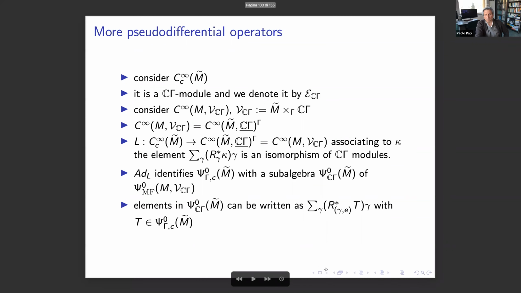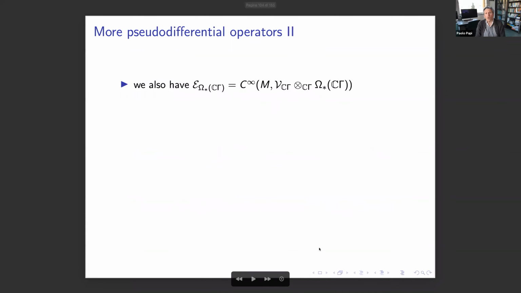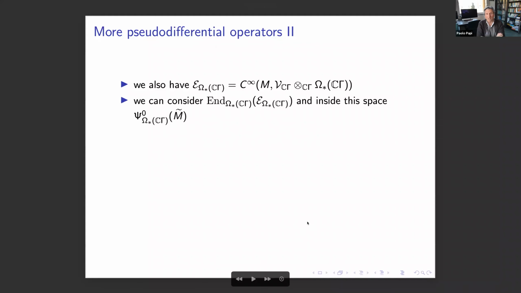Very well. And of course, we can also take the tensor product of the Mishchenko bundle with the non-commutative differential forms on C gamma, and we have this E tensor omega star C gamma. Now we can take the endomorphisms of this E omega star C gamma commuting with the natural action of the non-commutative forms over C gamma.